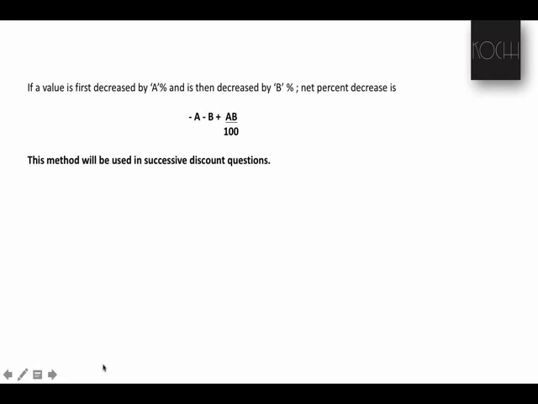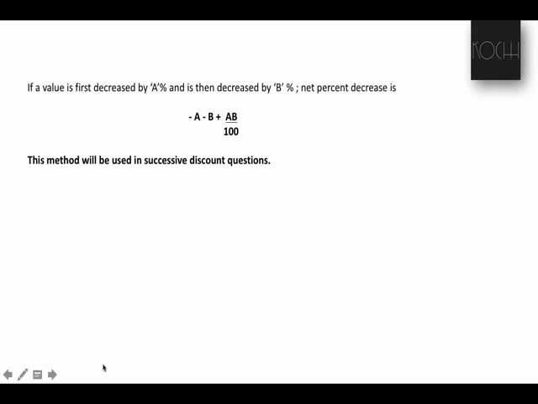Okay, so next is, if a value is first decreased by a% and is then decreased by b%, find the net percent decrease. You all must have seen some shops saying discount is equal to 50% plus 50%.